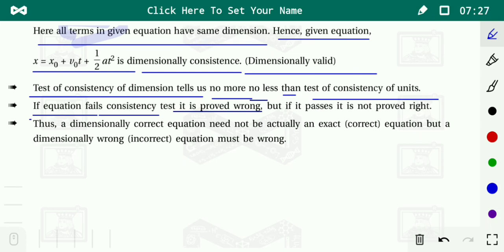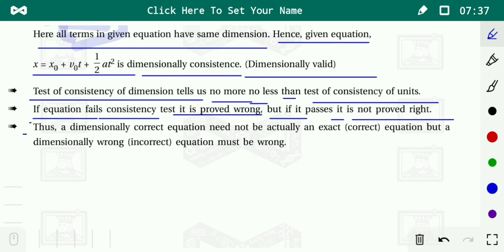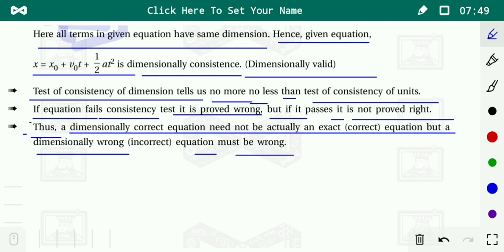Then such an equation never exists. But if it passes, it is not proved right; such an equation may exist or may not exist. Thus, a dimensionally correct equation need not be actually an exact equation, but a dimensionally wrong equation must be wrong.